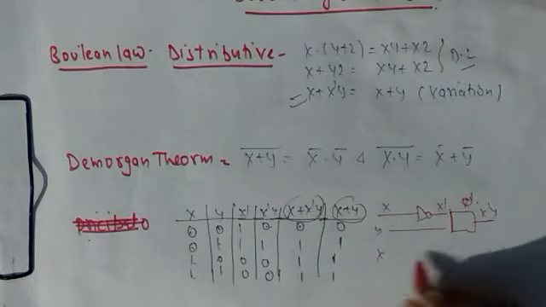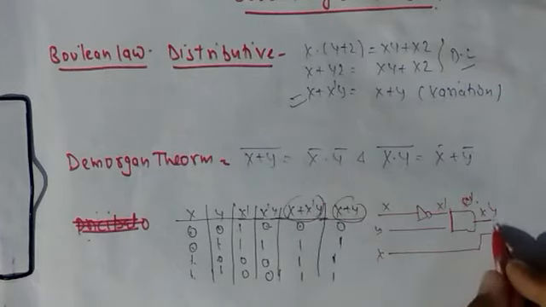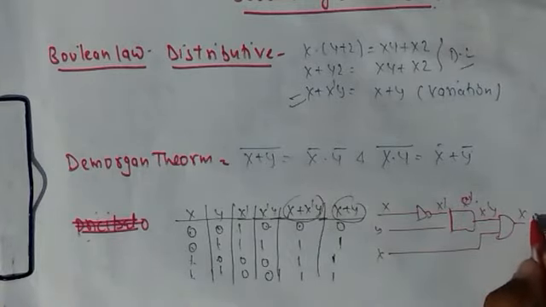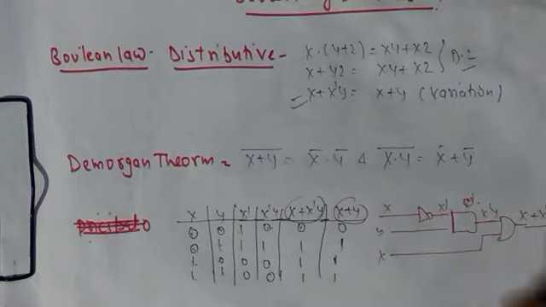Now this is x again, and I do the OR of that expression, so it will be x plus x bar y. This is how I can create a logic circuit of any Boolean expression.